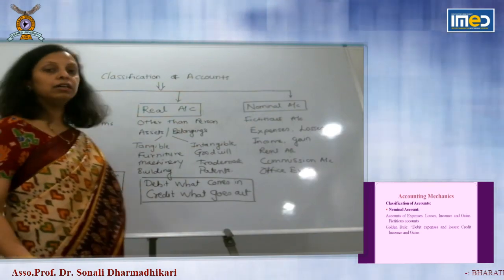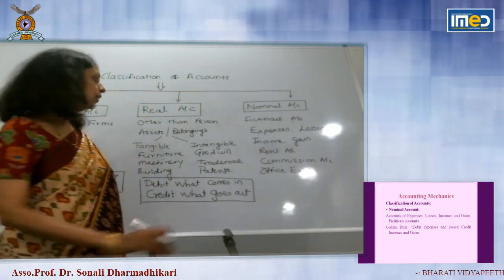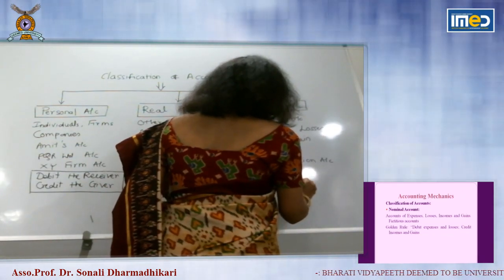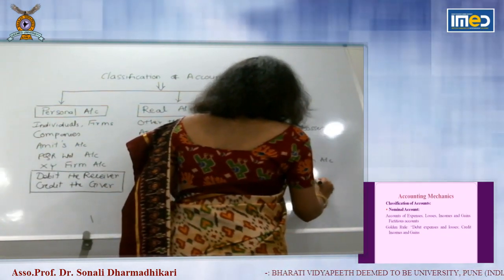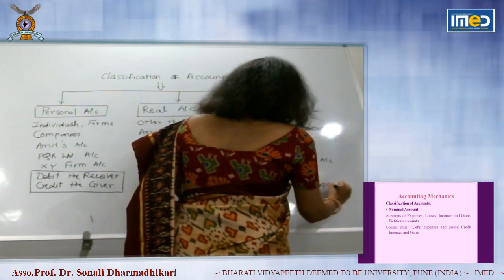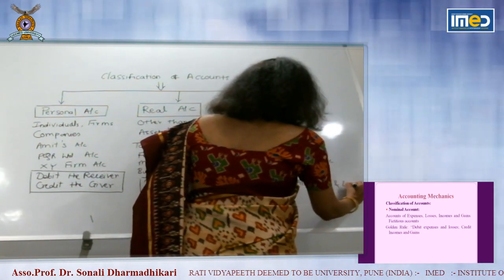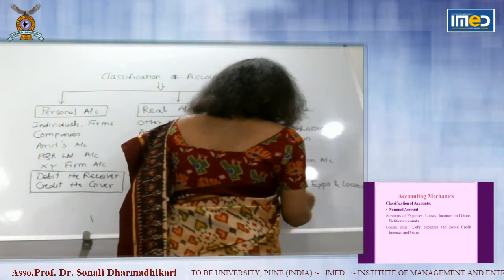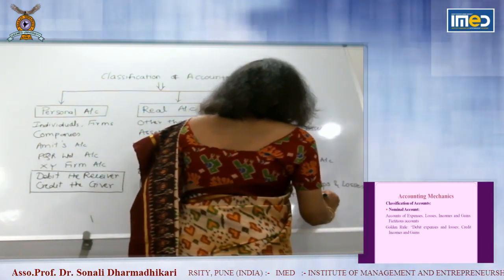Now, what is the golden rule of nominal account? Debit all expenses and losses and credit all incomes and gains.